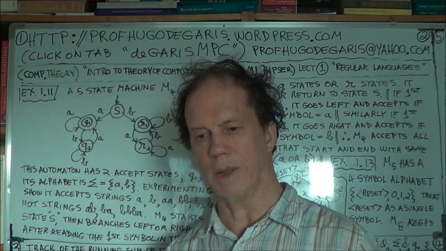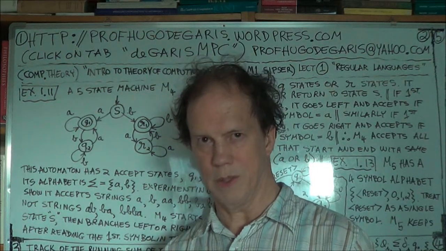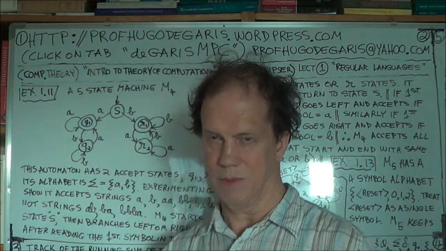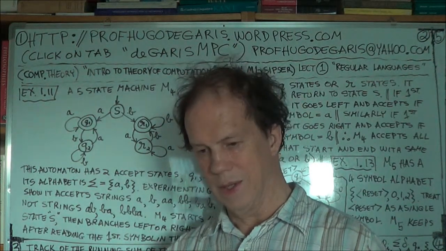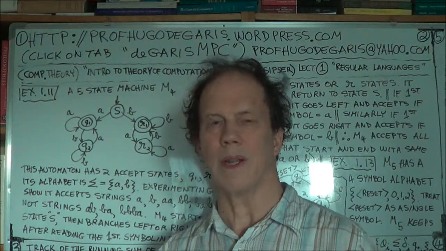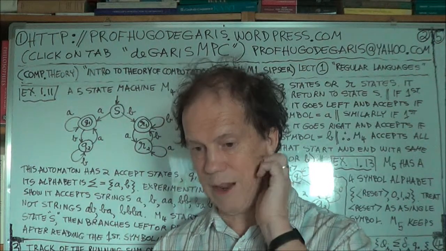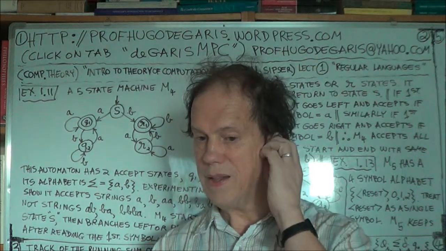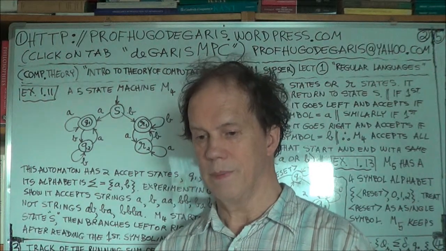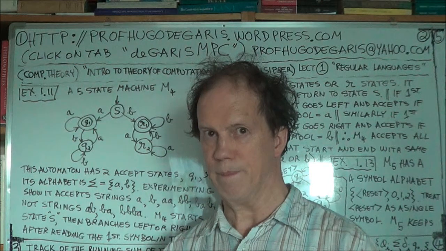That set's called a language, and the automaton is said to recognize that language. So when you hear the phrase an automaton M recognizes a language L, what that means is that every string in that language, in that set, is accepted by the machine.